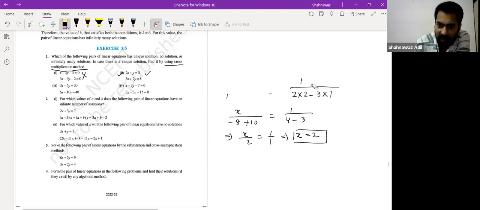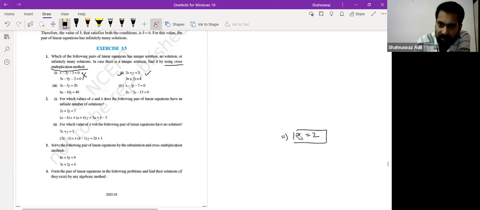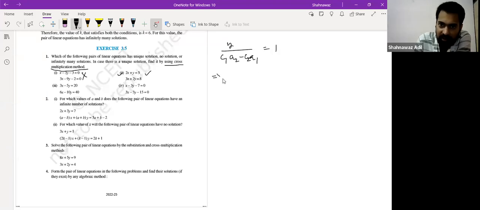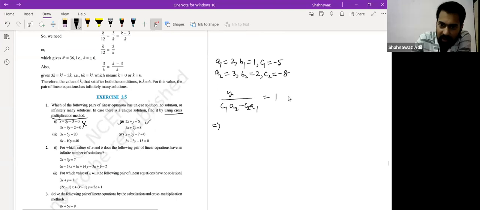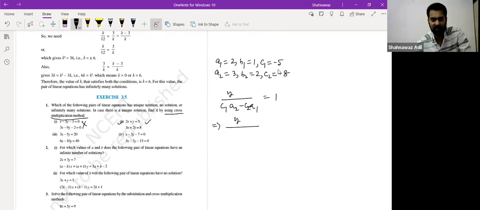Okay, so just remember this part is 1, right? So we will not write it again. So y by what? And this is 1. So what was C2? It's 1 by 1. A1 was... 3 into C1, oh, sorry, -5.